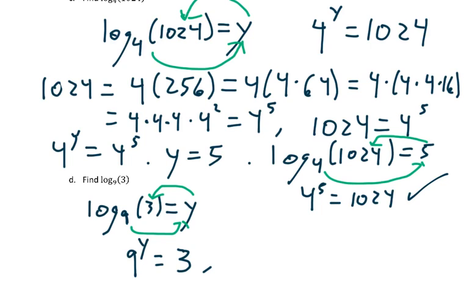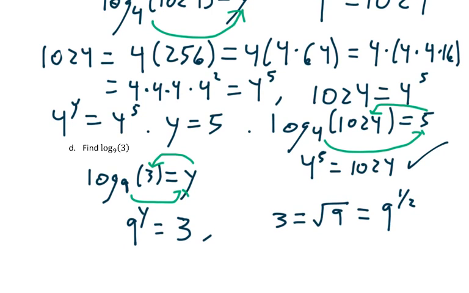Well, if you remember, we know that 3 is equal to the square root of 9. And when you take the square root of something, that's the same as raising it to the 1/2 power. So from here, we have 9 to the y is equal to 9 to the 1/2, and so y must equal 1/2.